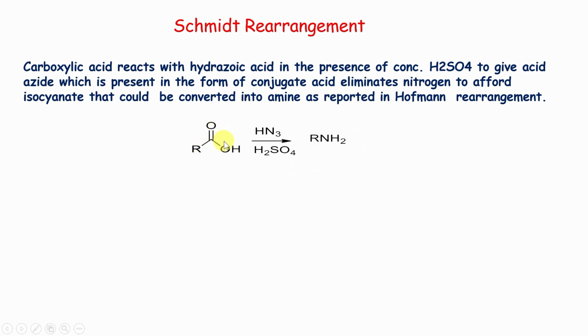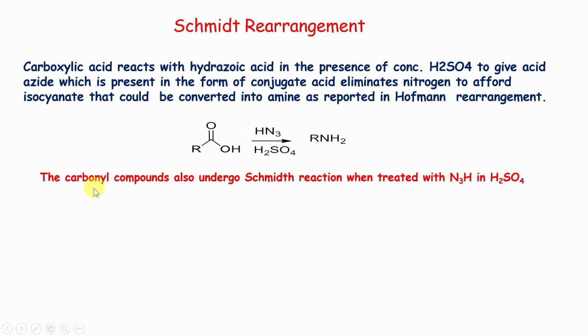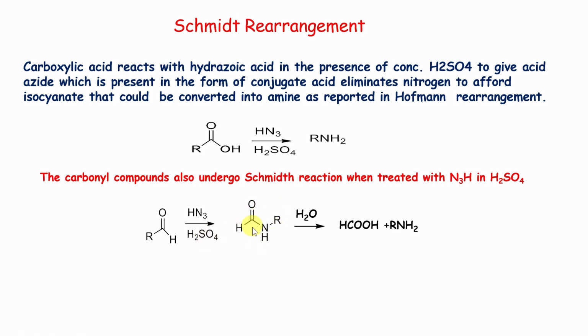For example, see this carboxylic acid, which on treating with hydrazoic acid in the presence of concentrated sulfuric acid, primary amine is formed. Then the carbonyl compounds also undergo Schmidt reaction. Carbonyl compounds such as aldehydes and ketones, when treated with hydrazoic acid in the presence of sulfuric acid, undergo Schmidt reaction. For example, see, it is an aldehyde which on treating with hydrazoic acid in the presence of sulfuric acid, this intermediate is formed.